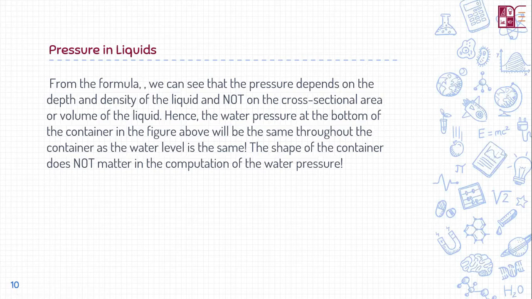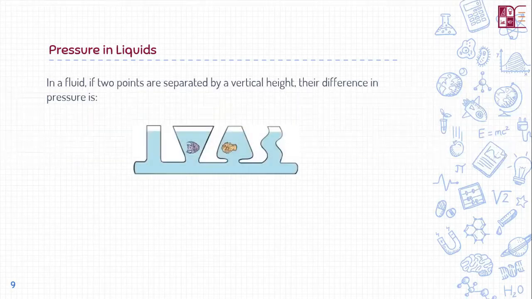The water pressure at the bottom of the container will be the same throughout the container as the water level is the same. The shape of the container does not matter in the computation of the water pressure. And this is the key learning outcome out of this: even though the objects are clearly different in shape, the pressure at the bottom will remain the same because the height of them is the same.